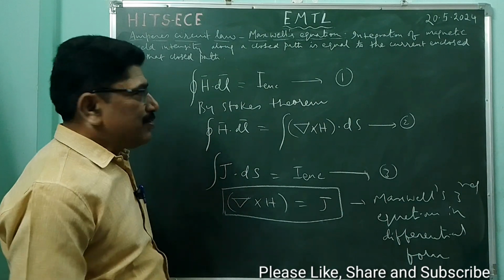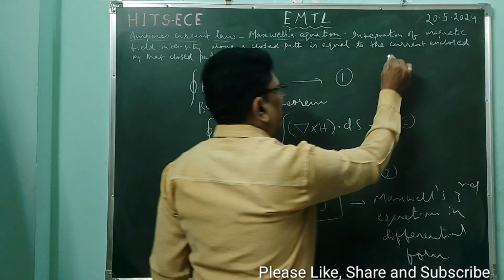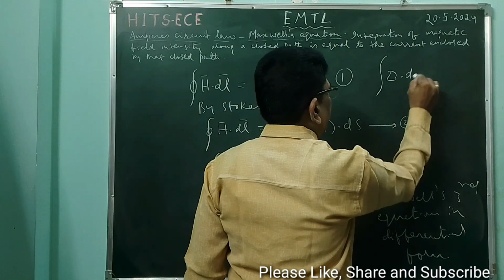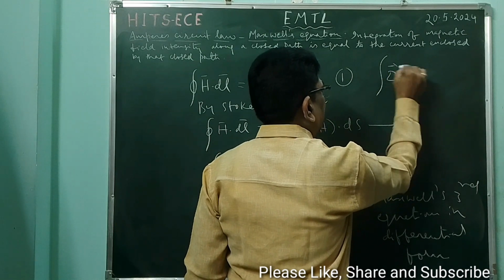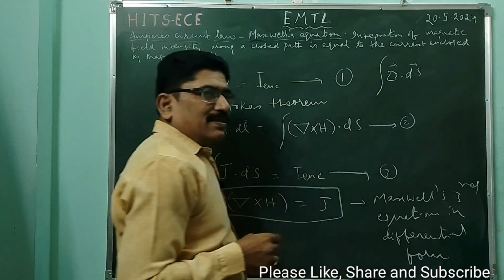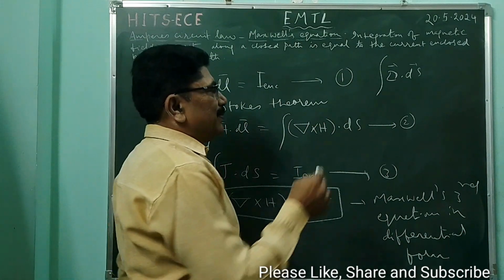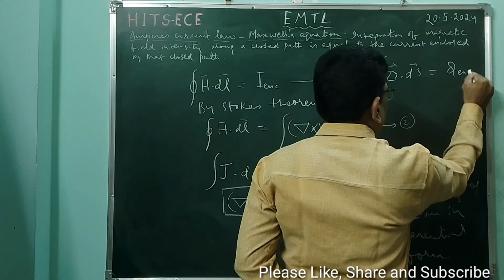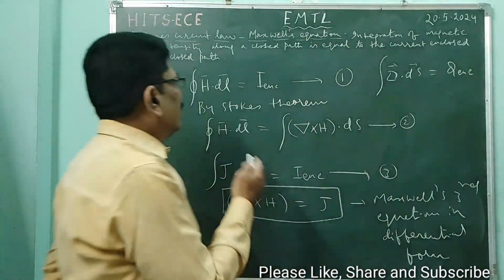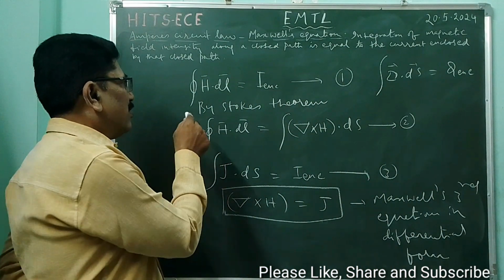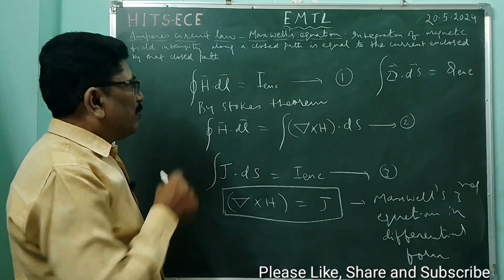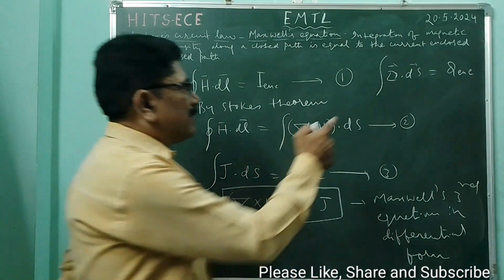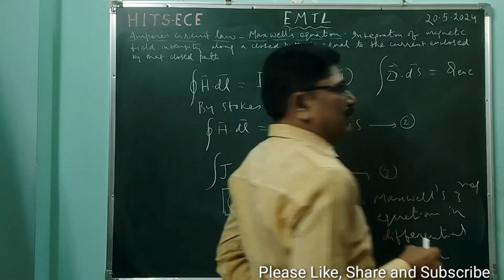In Gauss law we have seen integral D dot ds, that is flux density integrated with respect to differential surface, is equal to charge enclosed. Here we are considering the current now. That is H dot dl is equal to current enclosed by the closed path. Here it is the charge enclosed by the closed surface.